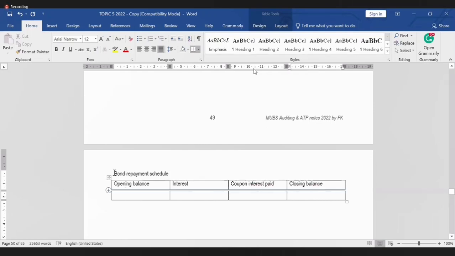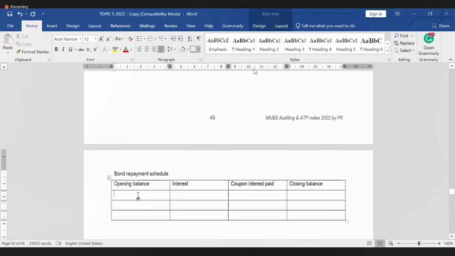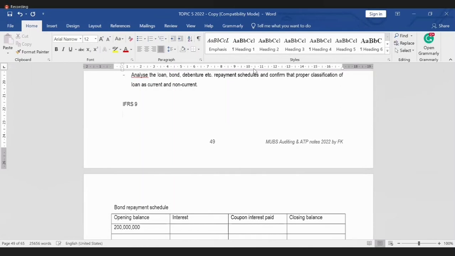Now, if the borrowing was 2 million or 200 million, and these are the terms of the bond: face value is 200 million. That's the amount you're borrowing.